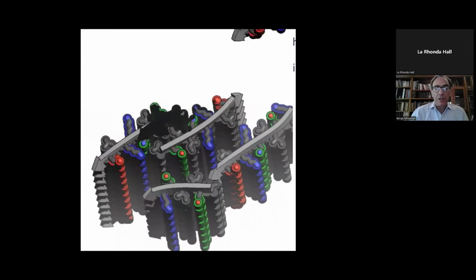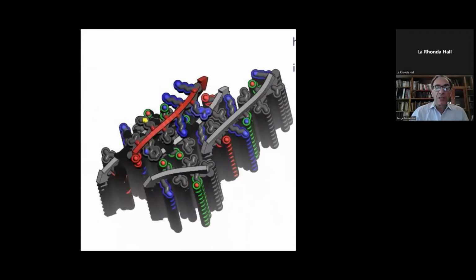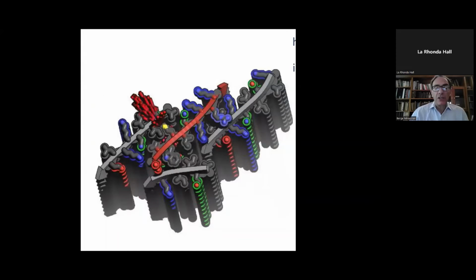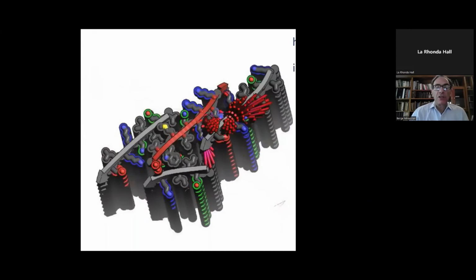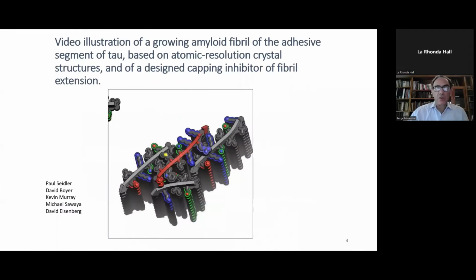What if we could replace one of these tau proteins with one that no longer is able to receive the next tau protein, and thus prevent the aggregation, and thus prevent the progression of Alzheimer's disease? So monogenic approaches to treatment of complex diseases.